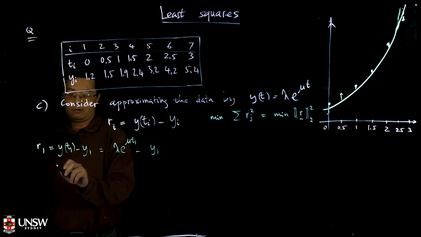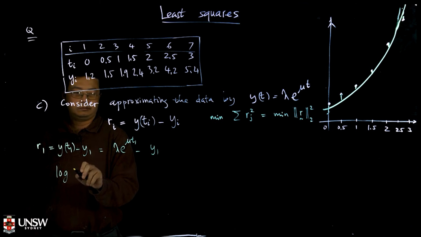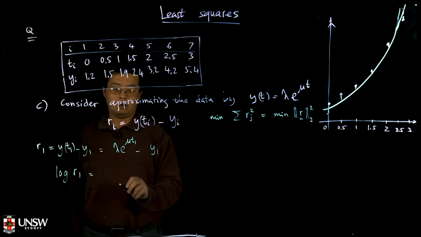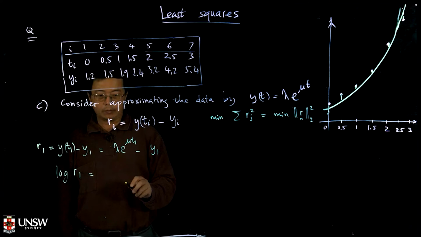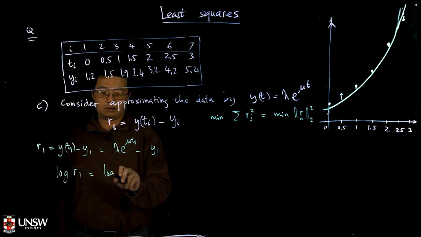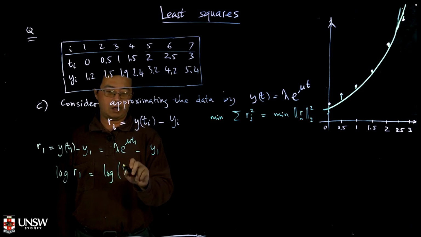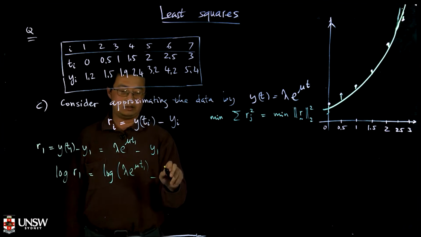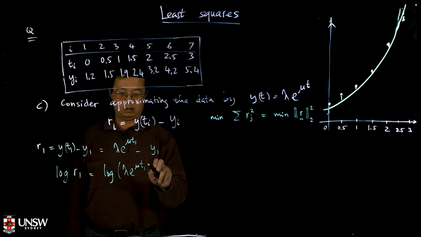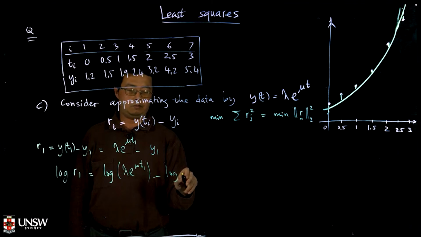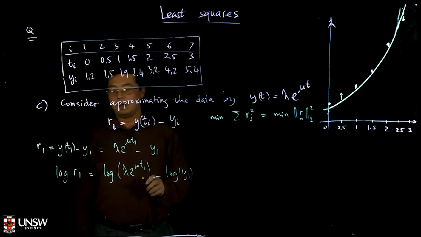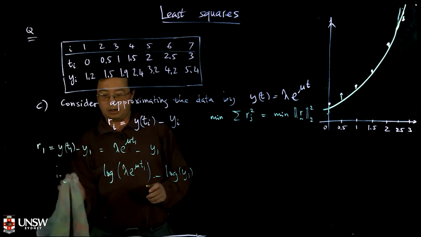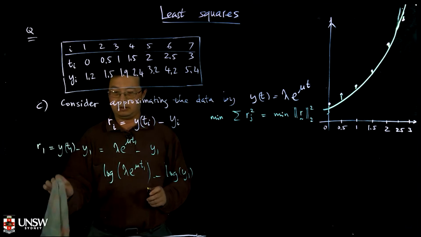So if you take the logarithm of R1, okay, then it will be the logarithm of lambda e to the mu t1 minus the logarithm of y1. Or maybe we just consider the difference between the logarithms like this.